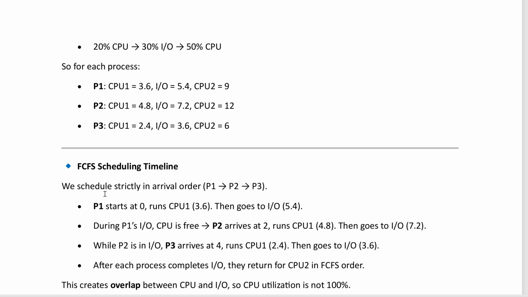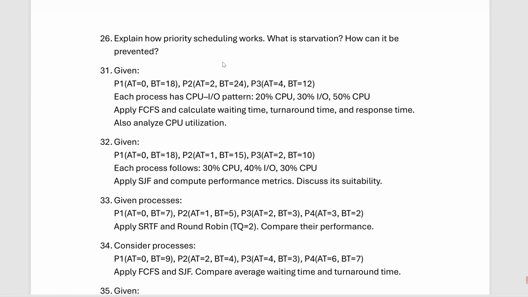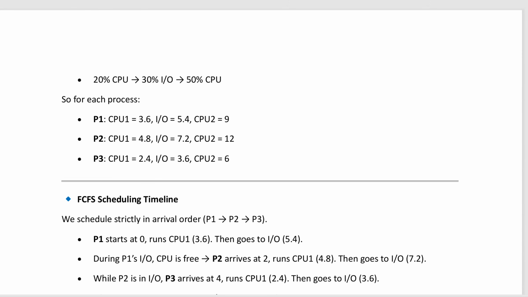Now we have to compute the scheduling order, or we can also draw the Gantt chart. So we schedule strictly in arrival order, because first come first served says that the processes should be allocated CPU in the order of their arrival. P1 arrives first, then P2, then P3. So P1 starts at 0 because the arrival time of P1 is 0, right?